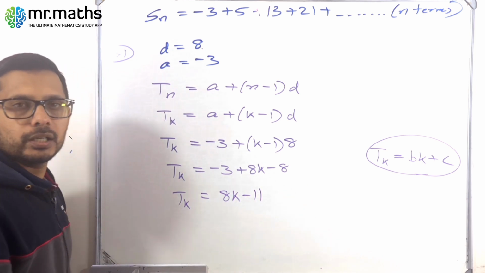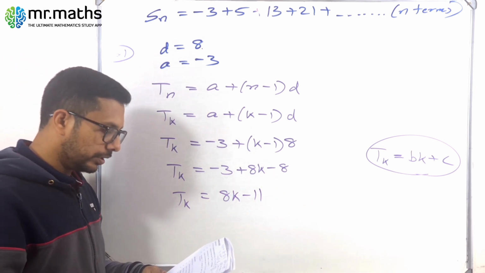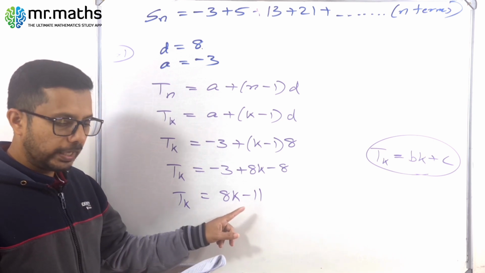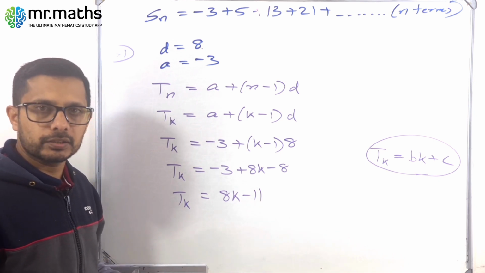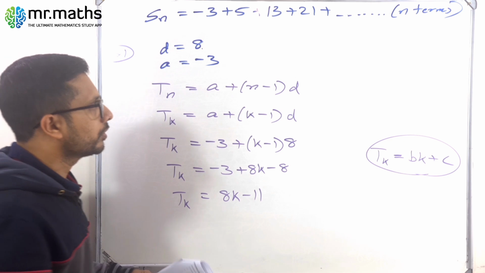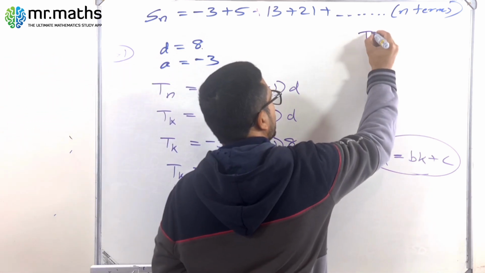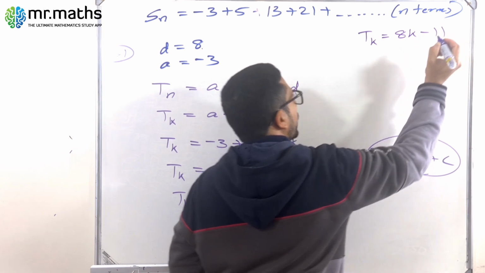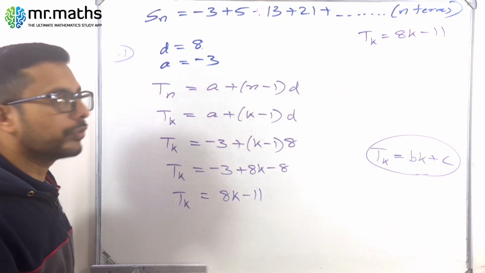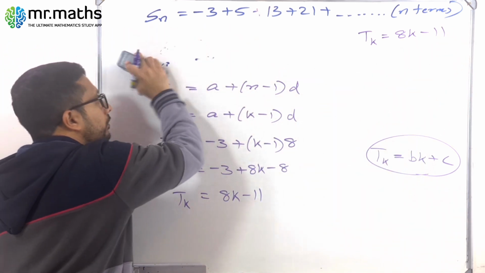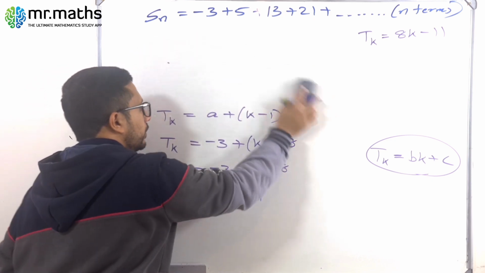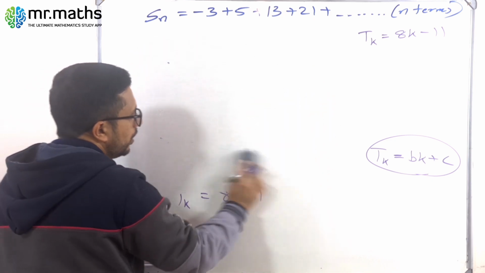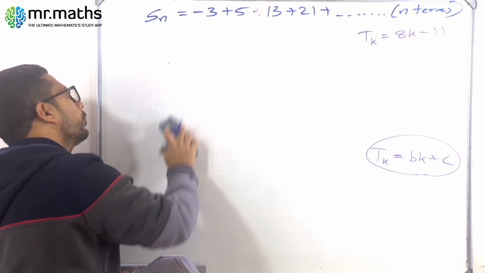So the general term is Tk is equal to 8k minus 11. That is the first question. Let me write the general term here, in case we need it in the next question.